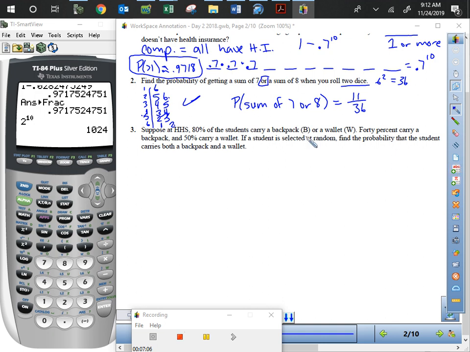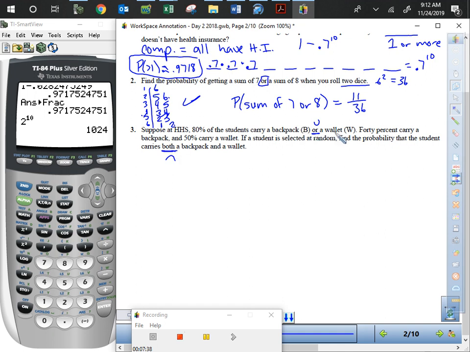Notice I see this "or," which usually implies union, and then I see this "both," which usually implies intersection. This tells me that this may be a good problem to either use one of your formulas on your note card, or draw a Venn diagram.